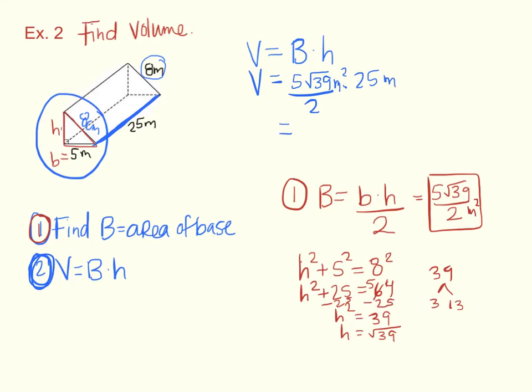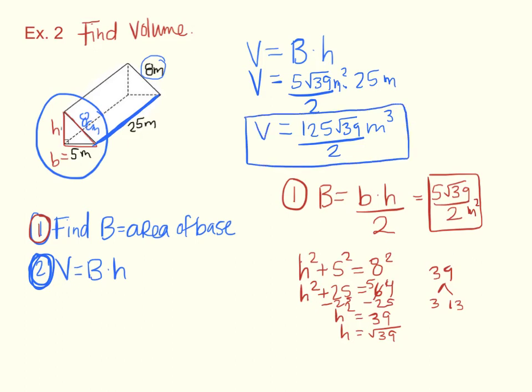That means even if I don't know how to do this math, I know that my answer is going to be meters cubed. All right, I'm going to multiply my numbers in the top, so my numerators. 5 times 25 is 125 times the square root of 39 divided by 2. And that is the volume of my triangular prism.